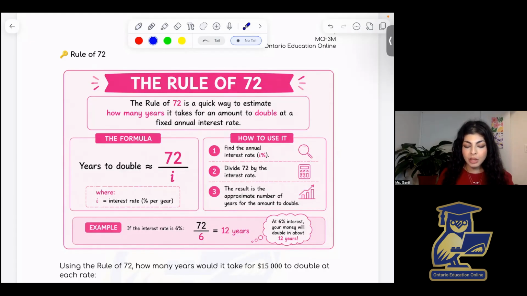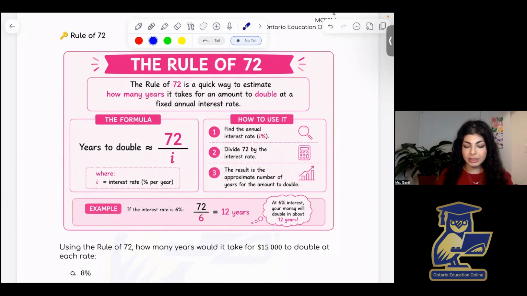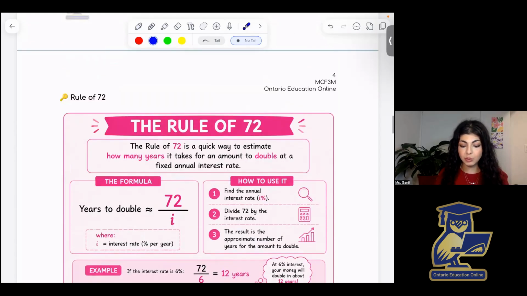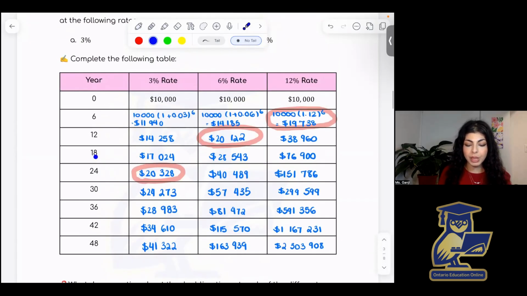So what you do is you divide 72 by the interest rate, and that will give you the number of years. So for example, when we just had 72 divided by 12, then we got 6, which was 6 years, as we just saw here. Or if we had 72 divided by 6, we would get also 12, which is now 12 years.